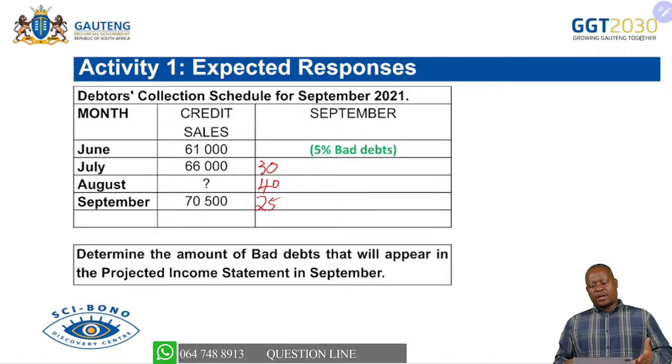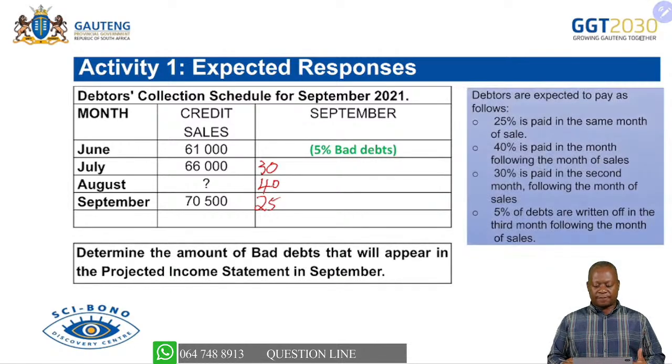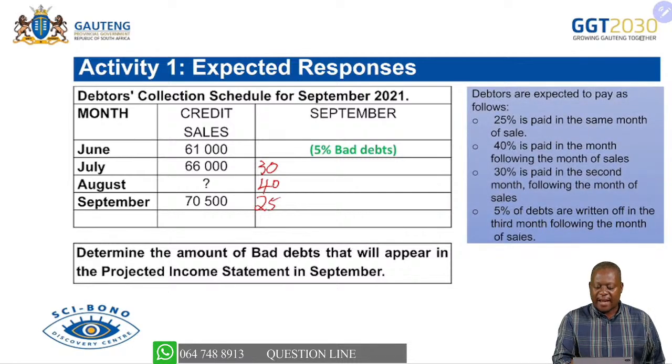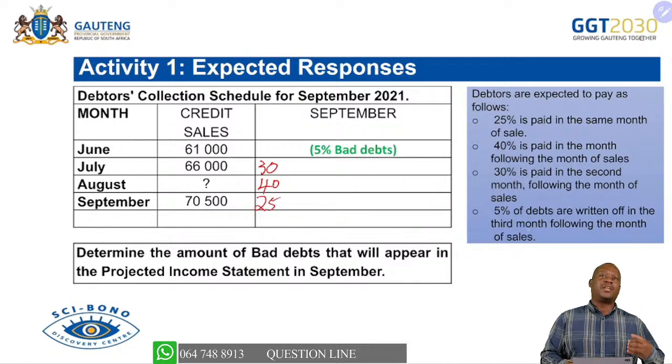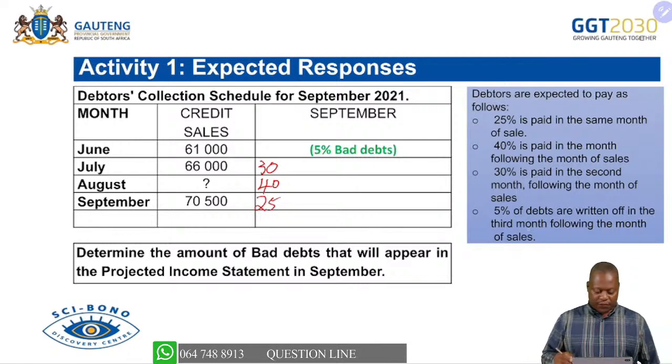Now, determine the amount of bad debts that will appear in the projected income statement for September. I think that one is already solved. Because we are told 5% will be written off in the third month, it means something that was bought in June, we are going to allow July to pass, August to pass, and then September, the third month, we are going to write off.